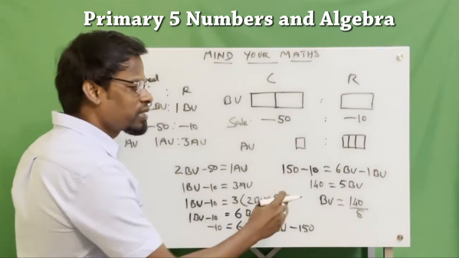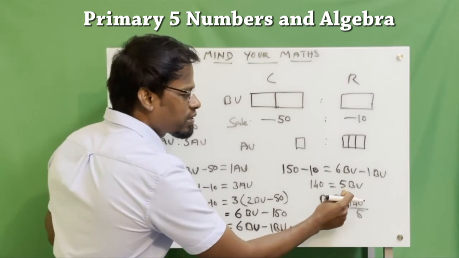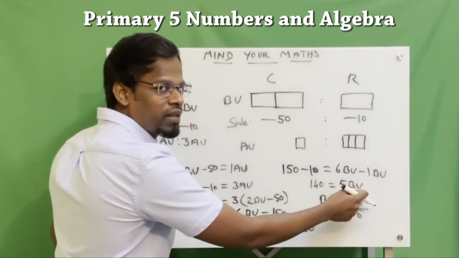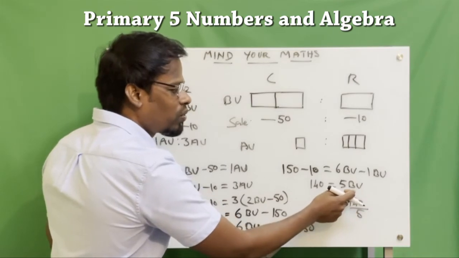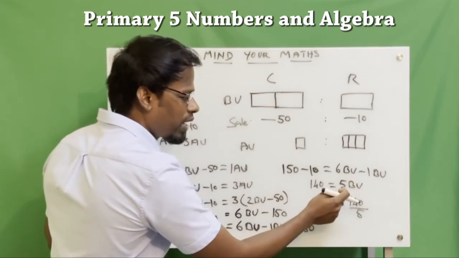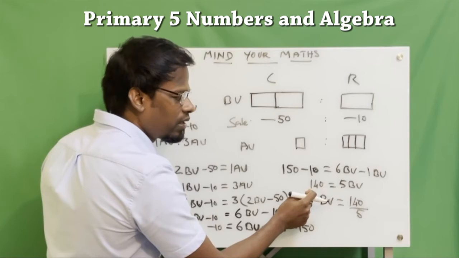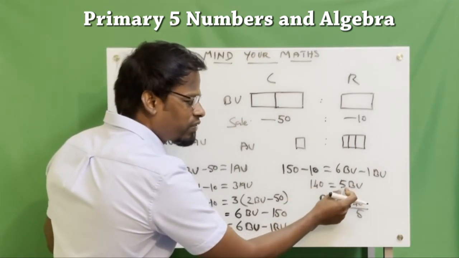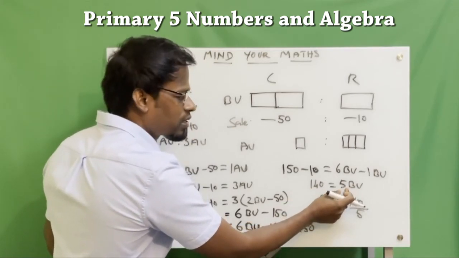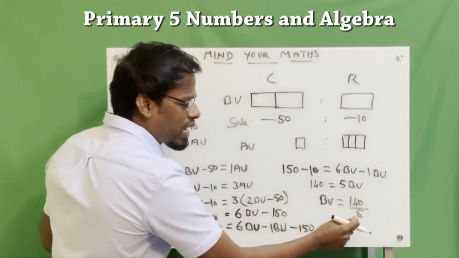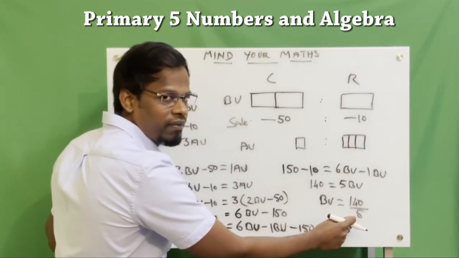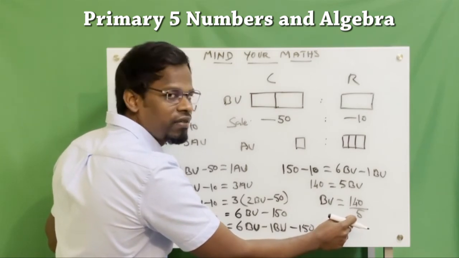This is another rule, because this is 5 times BU, a multiplication. To find the BU value, we keep the BU and bring the 5 to the other side. Because we are bringing it from a multiplication, it becomes a division on the other side. That's why we are dividing by 5.